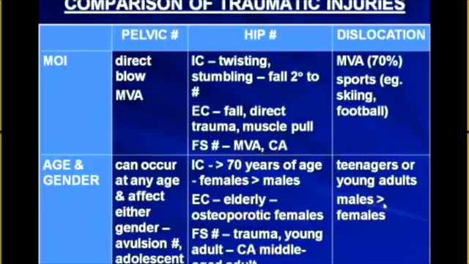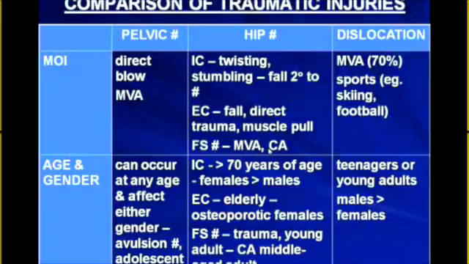When we look at pelvic fractures, certainly they can occur at any age, any gender. Avulsion fractures are more common in adolescents, in which case they often describe feeling a pop at the time of injury. Intracapsular fractures are more common after the age of 70, again in females.